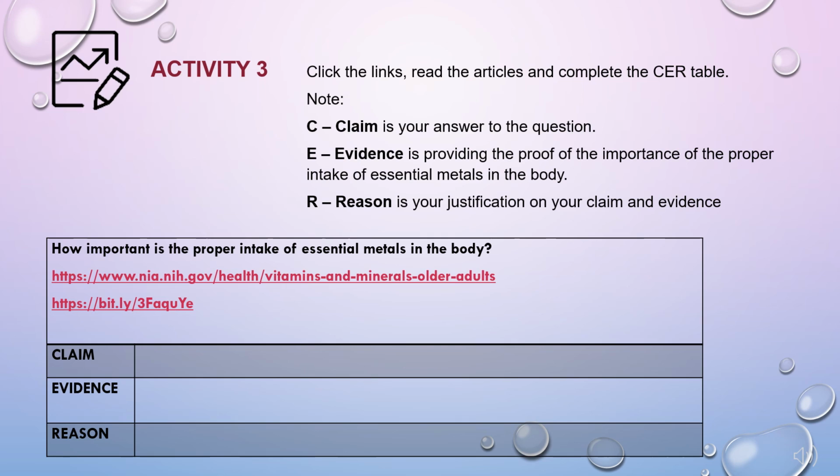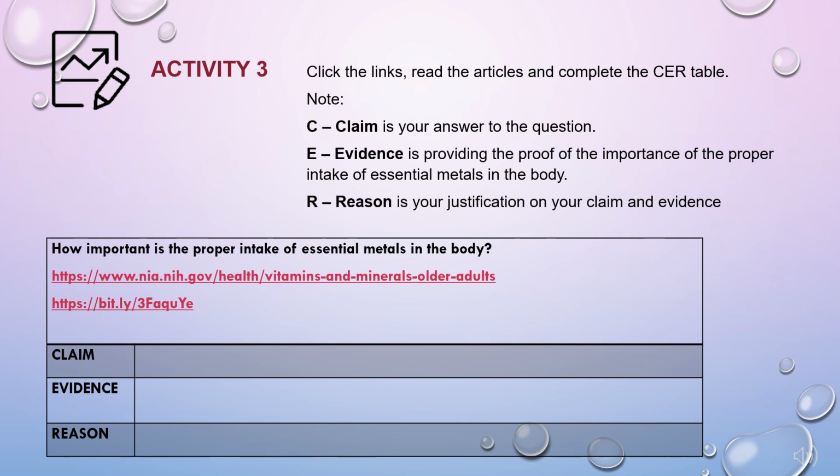Next, E, evidence. Evidence is providing the proof of the importance of the proper intake of essential metals in the body. So, dito naman sa evidence, maglagay kayo ng mga situations that is related in taking essential metals in the body. Okay, so you are going to indicate some situations wherein it is related on the proper intake of metals in the body.